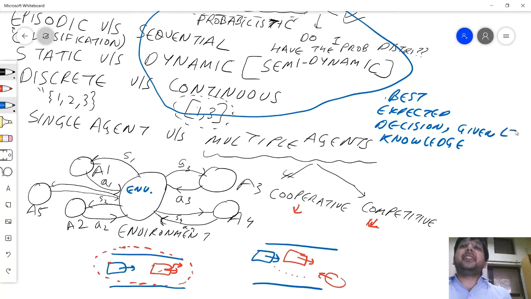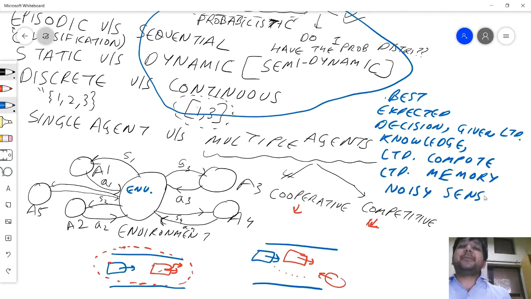So I say given limited knowledge, given limited compute, given limited memory, given noisy sensors. So with all these assumptions you need to make it.